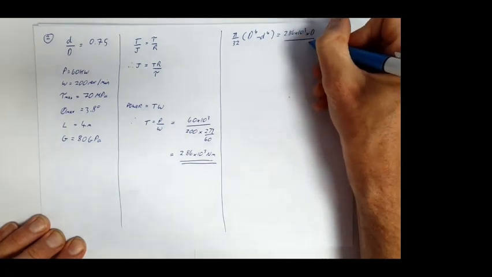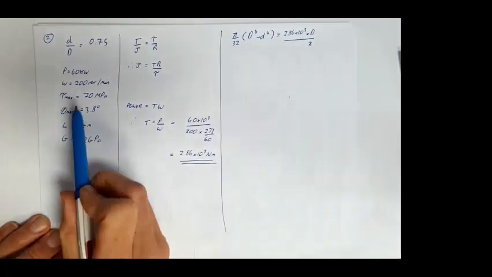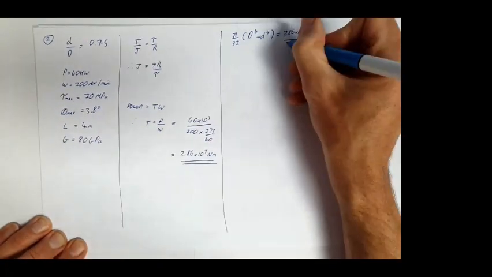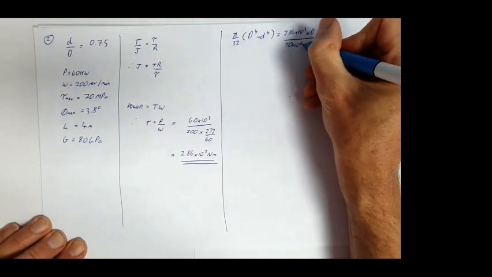So we have 2 on the bottom. On the bottom, we've also got our shear stress, which we're asked to limit to 70 megapascals. So we'll also have 70 times 10 to the 6 on the bottom.